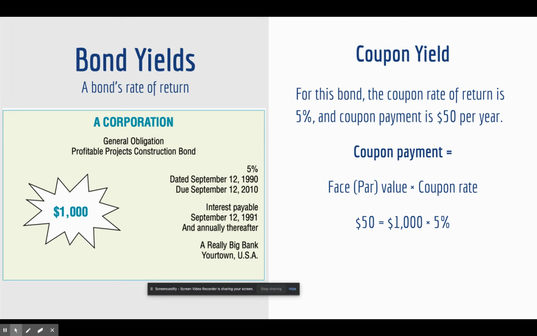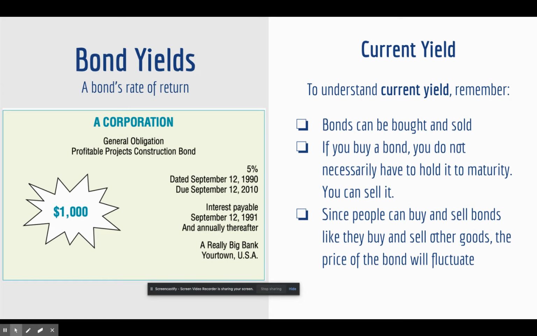My face or par value times my coupon rate gives me $50. So your yield in this case is the same as the coupon rate. It is yielding 5%. Now, that is true when the bond is first issued at face value. What we'll start to see today is what changes, because we'll start to talk about how bonds are bought and sold, much like other investments in the market.